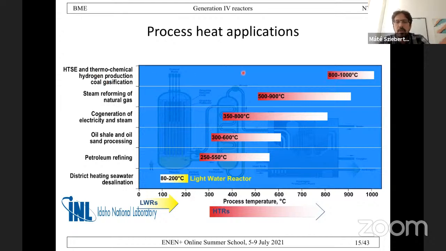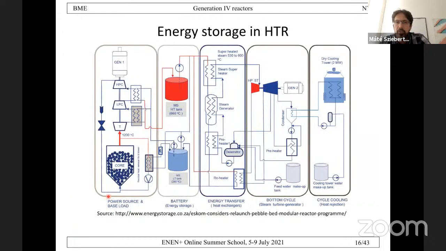Again, a good efficient production of hydrogen needs very high temperatures. But the generation of steam, which can be used then in a neighboring factory as process heat, also needs higher temperatures. The application of light water reactors practically goes down to district heating and seawater desalination.